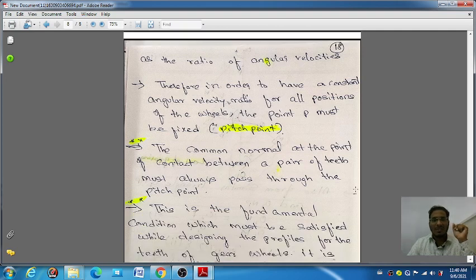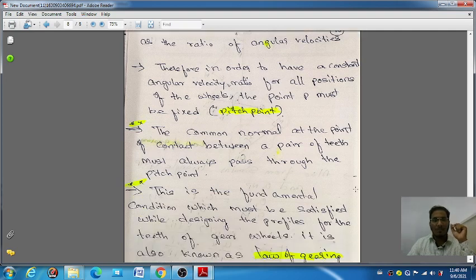The next, the two points are very important. First is the pitch point. In order to have a constant angular velocity between two wheels, P must be a fixed point. The point P must be at a fixed point, and that P is called the pitch point.